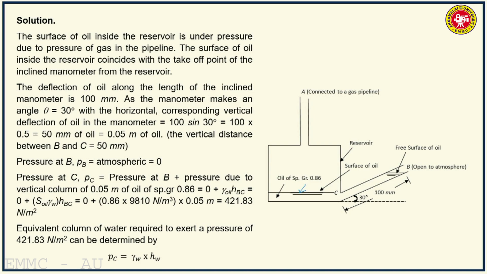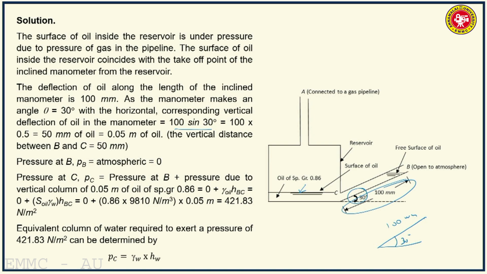So the deflection of oil along the length of the inclined manometer is 100 millimeters, this inclined length. As the manometer makes an angle theta equal to 30 degrees with the horizontal, the corresponding vertical deflection of oil will be 100 sine 30, is it not? So this is 100 millimeters, and this is 30 degrees.